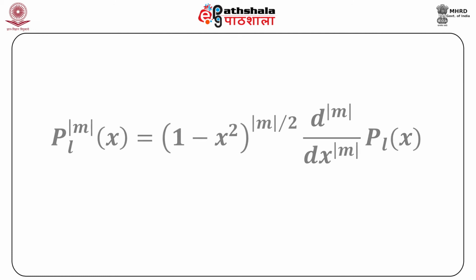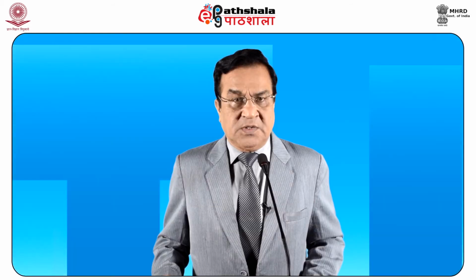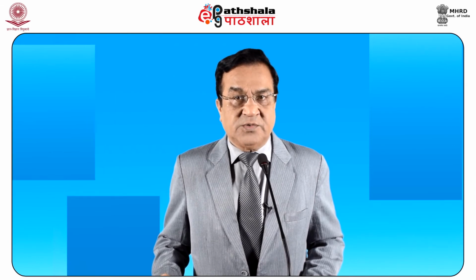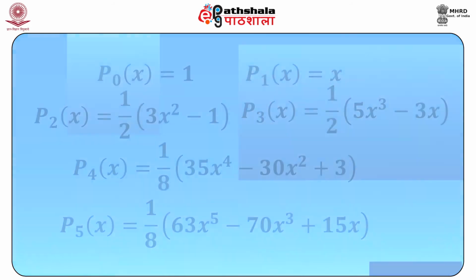L and order m, and P_L(x) is given by the Rodrigues formula, which is as follows: P_L(x) is equal to 1 upon 2 to the power L, L factorial, d^L/dx^L (x squared minus 1) raised to the power L. So various values of P_L(x) for different values of L are shown in this table.